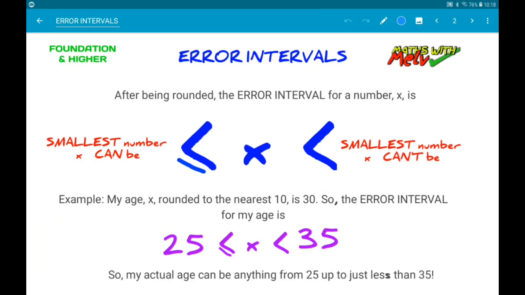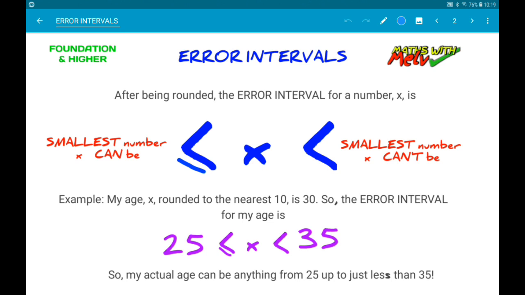So, first off, it seemed like a good idea to explain what error intervals are because nobody ever knows. Whenever you round a number, you are making an error. After a number has been rounded, called the number x, its error interval is a double inequality.